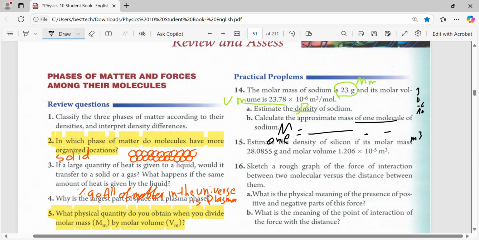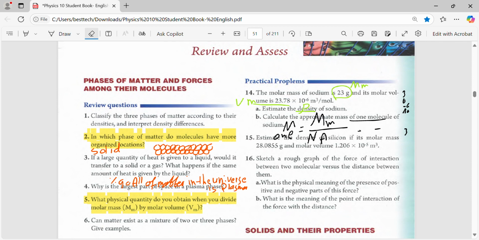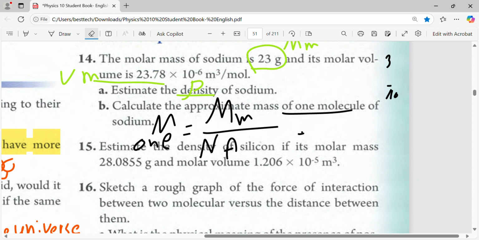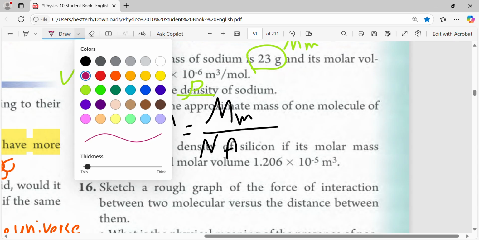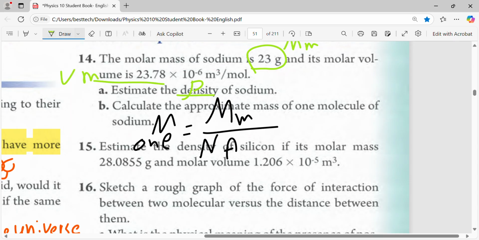Mass equals molar mass over Avogadro number. We have molar mass, it's 23. Make it kilograms, times 10 power negative 3, over Avogadro number.